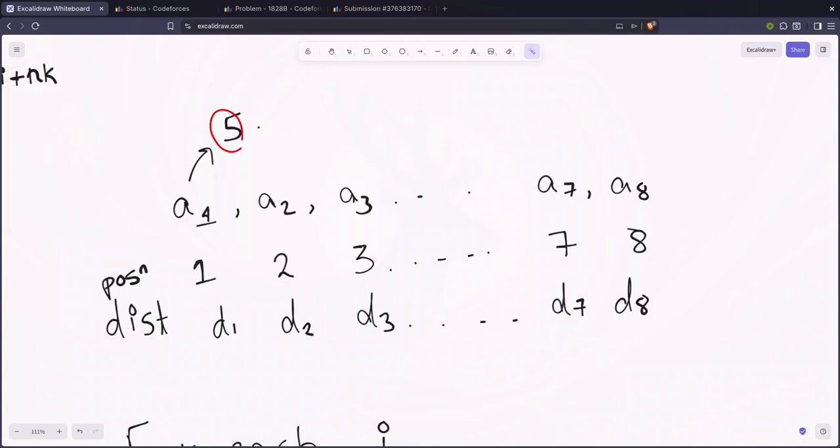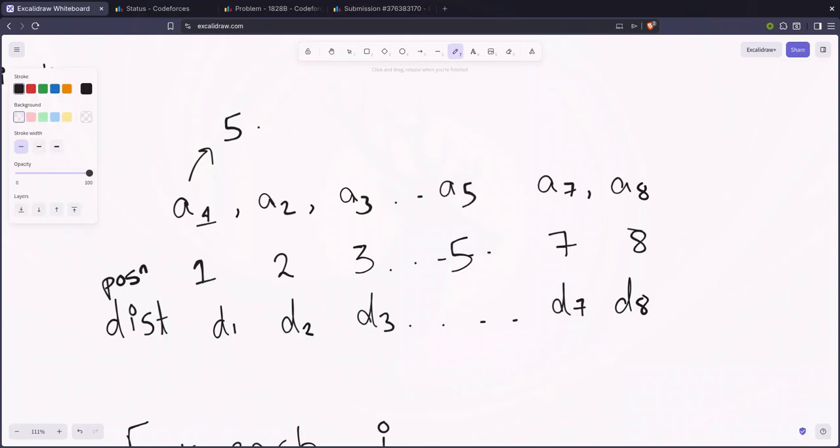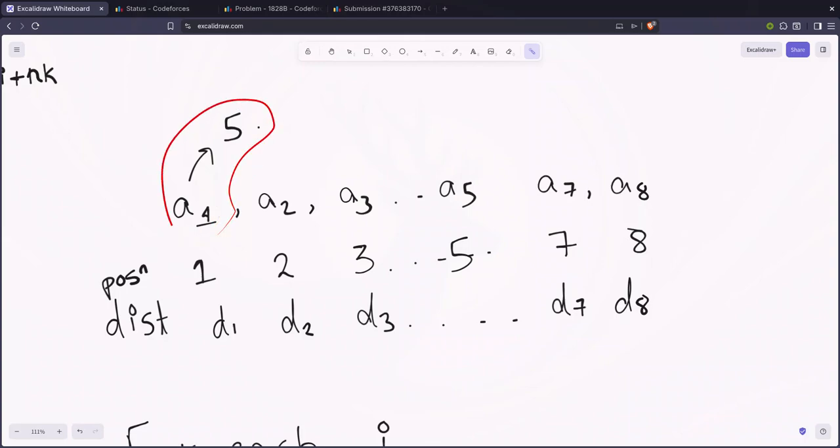So if this is 5 and the position is 1, to make it a sorted array, this 5 should go to position 5, right? So we need to perform a swap such that this element a1, which is equal to 5, goes to position 5 where the element a5 is present, right?